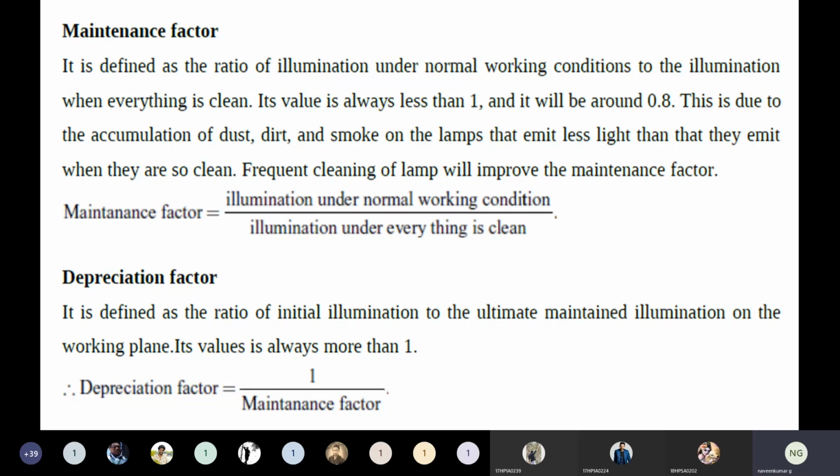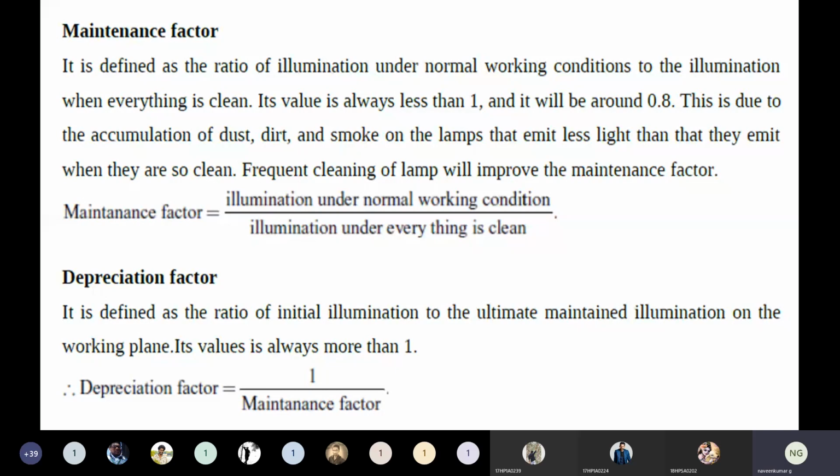So usually this is always less than 1. You will never have a maintenance factor more than 1. It will usually be around 0.8. So usually 20% of the luminous flux will be wasted, or it will not reach the surface because of this hindrance.